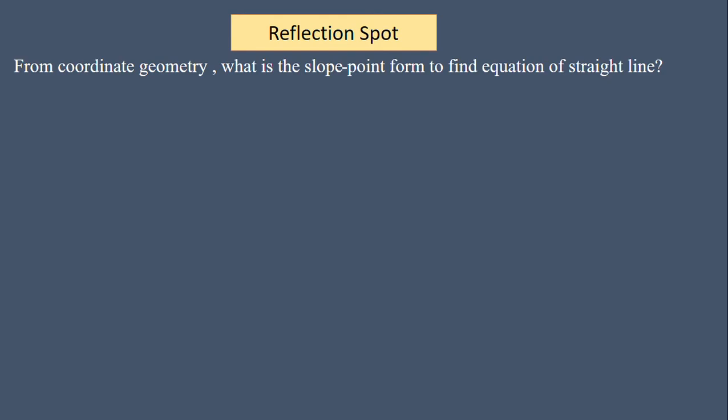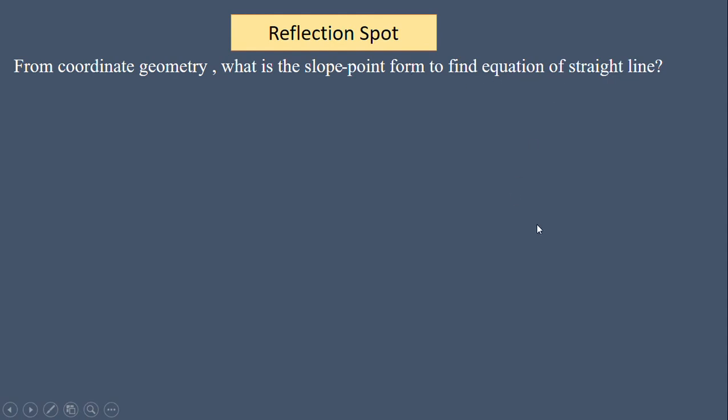Now here I will take a reflection spot. Reflection spot means I will ask you one question, and you have to think about it for a few seconds. The question is: from coordinate geometry, what is the slope point form to find the equation of a straight line?